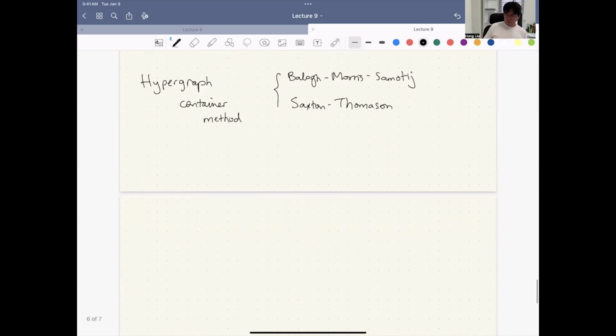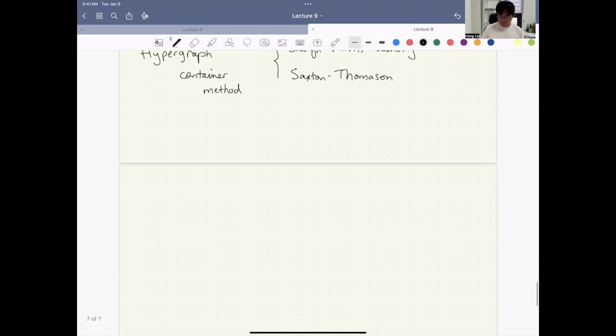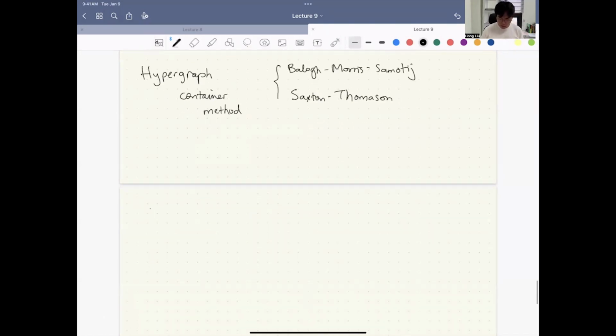Roughly speaking, at a high level, suppose we have a hypergraph where the edges are distributed evenly, uniformly, there's no part that's too dense, and no patch that's too sparse. This is kind of uneven, right? Somewhere it's too dense, somewhere it's too sparse. Suppose that the edge distribution is smooth.